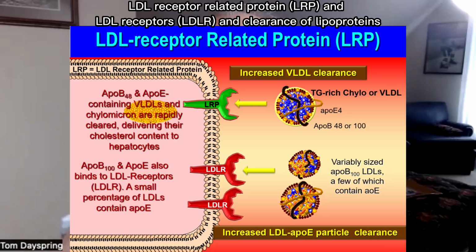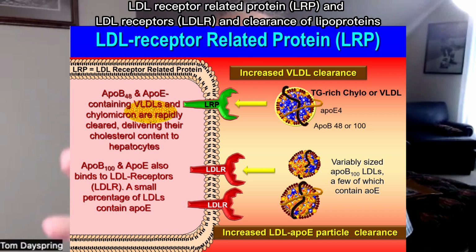So what is it in the liver that grabs these chylomicron and VLDL remnants? There's a specific receptor that the liver produces. It's called the LDL receptor-related protein. LRP is the abbreviation.